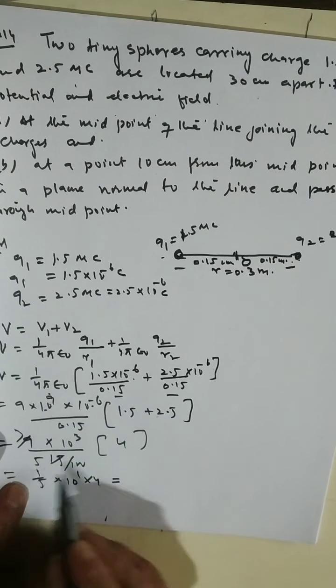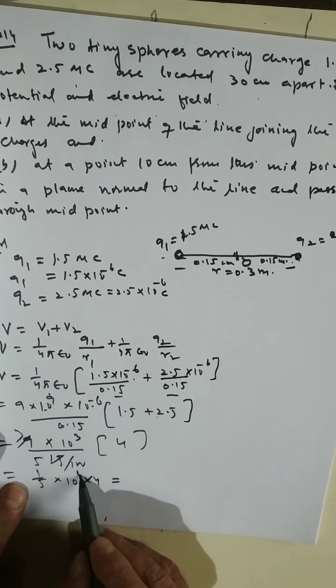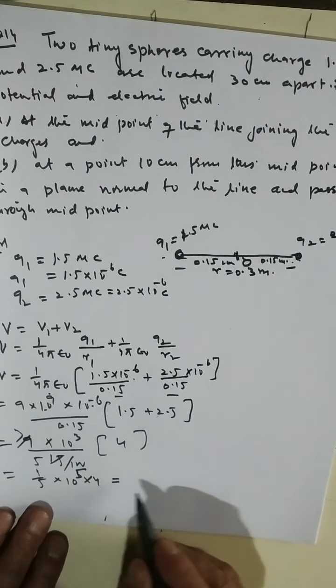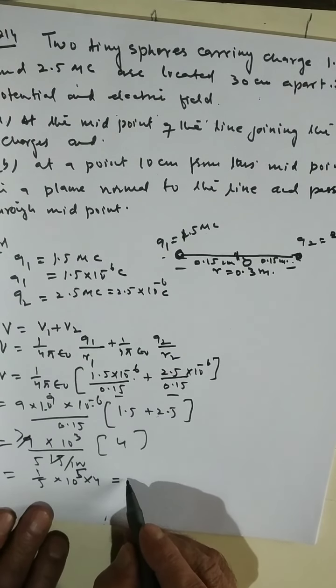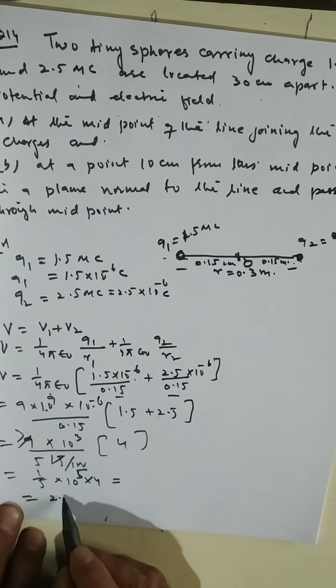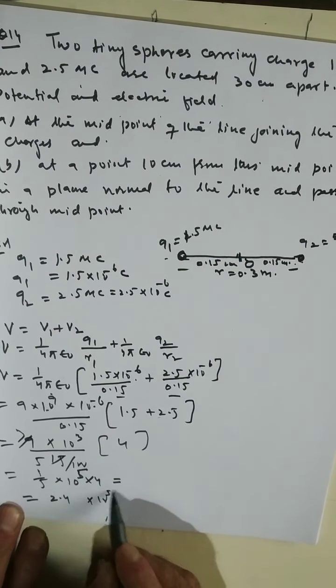Here 1 by 5 into 4, and here 10 raised power 5, okay, because 2 plus 3 is 5. So this comes out to be 2.4 into 10 raised power 5 volt.